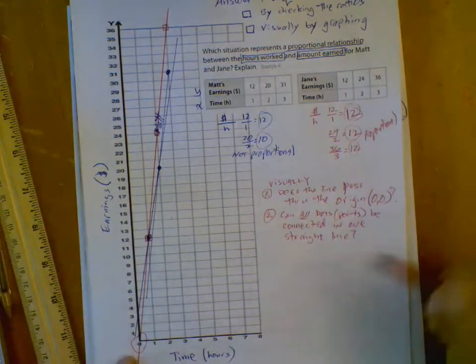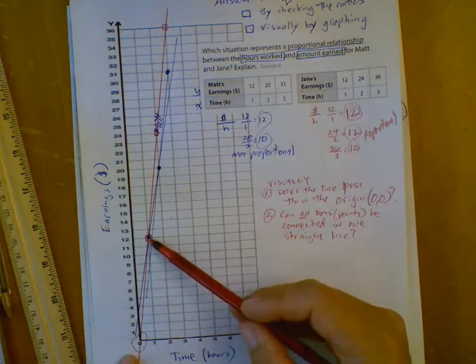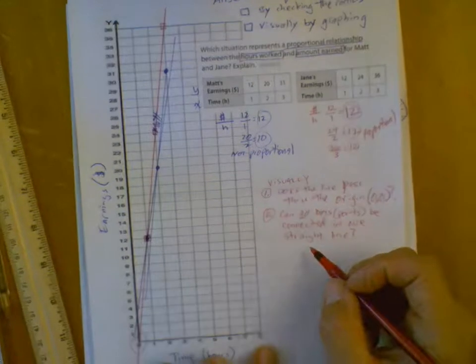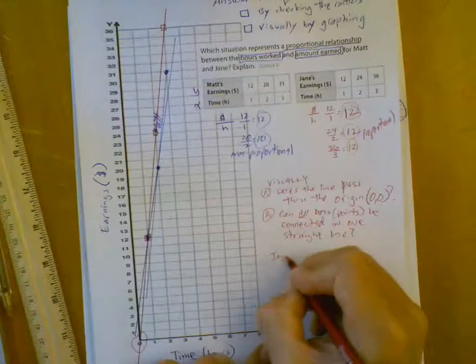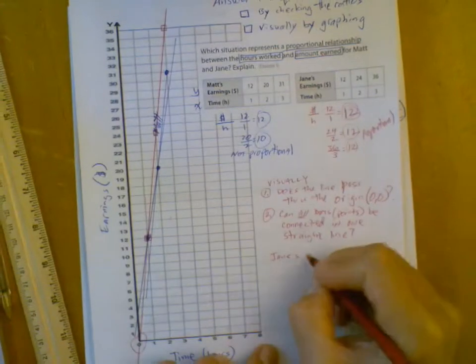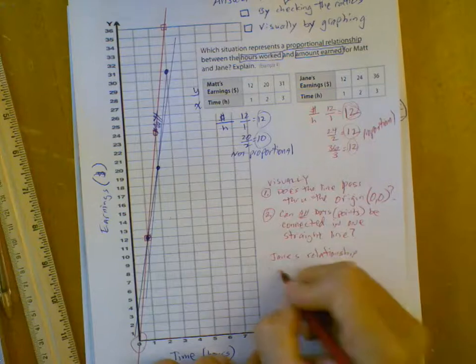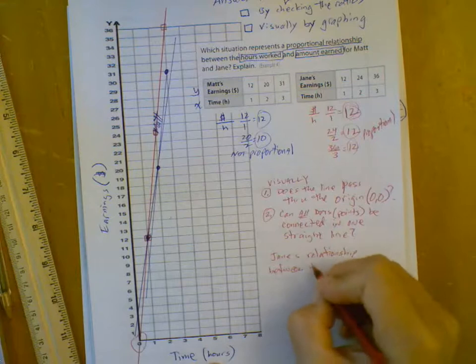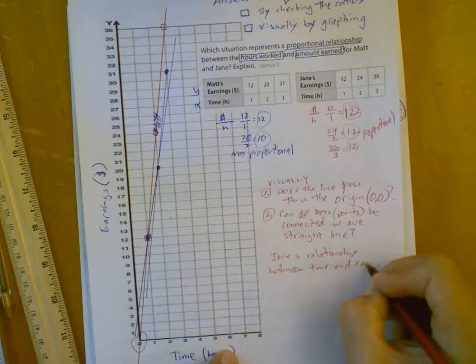So does the line pass through the origin? Yes. Can all the dots be connected in one straight line? For Jane, that's yes. And that's what we need to test for proportionality. So Jane's relationship between time and earnings is proportional.